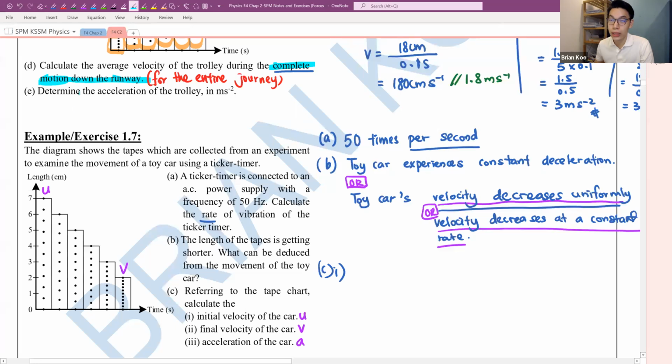Again, this one, each strip got 10 ticks. Don't wait for me, try yourself.